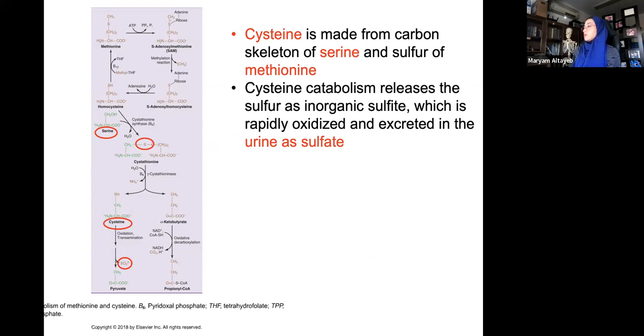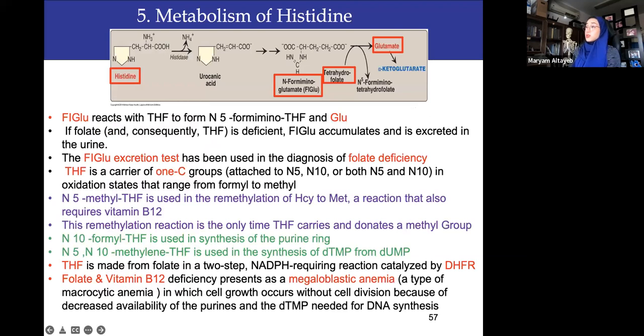And now we have our last two slides. So the metabolism of histidine. Remember again, histidine is one of the essential amino acids. It's the H in the mnemonic PVT TIM HALL. So you have something called FIGLU, or N-formiminoglutamate.